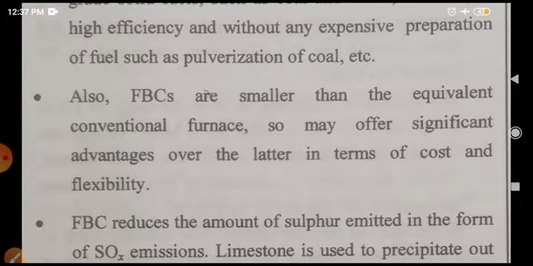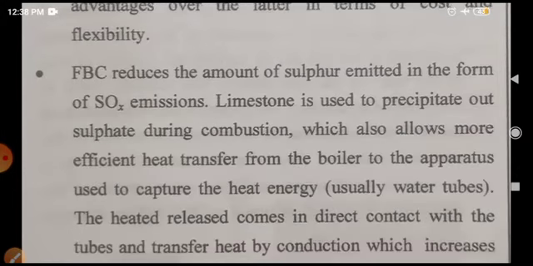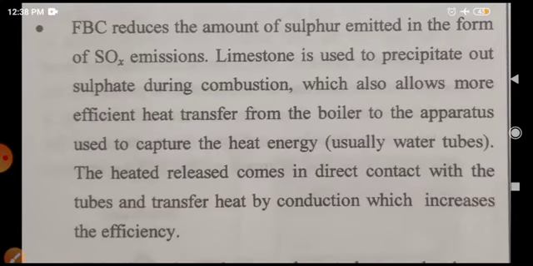Then also FBCs are smaller than the equivalent conventional furnace, so they may offer significant advantage over the latter in terms of cost and flexibility, as FBC is a small device, or smaller furnace. So cost effectiveness comes into our project.